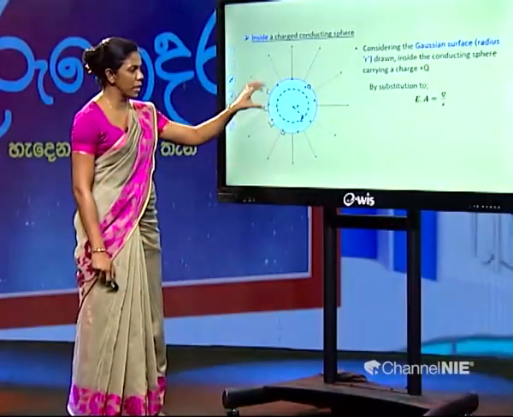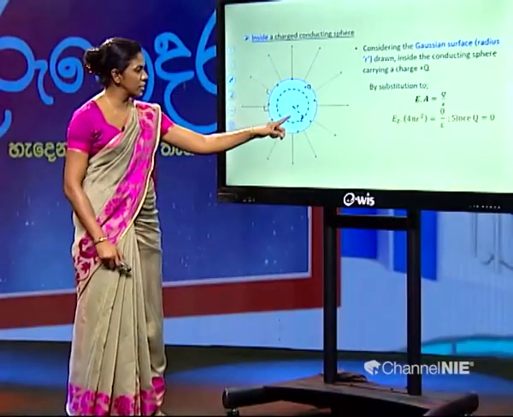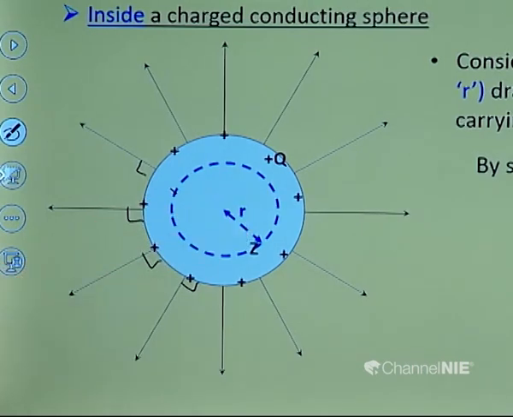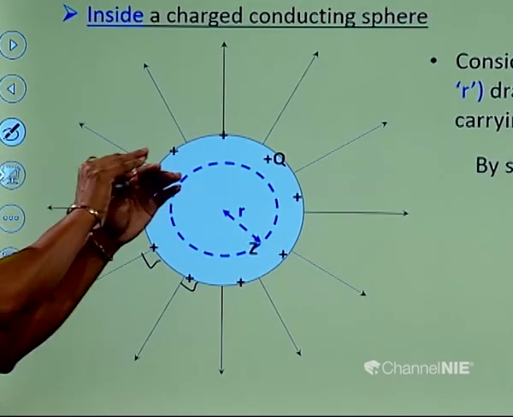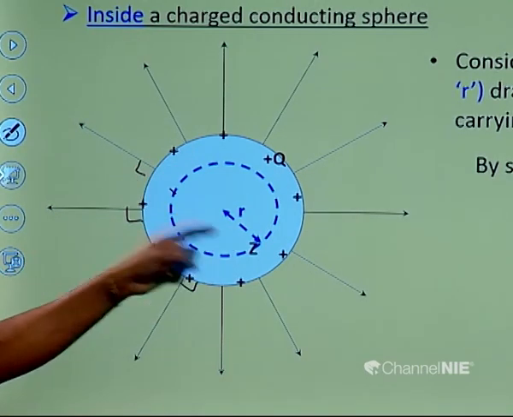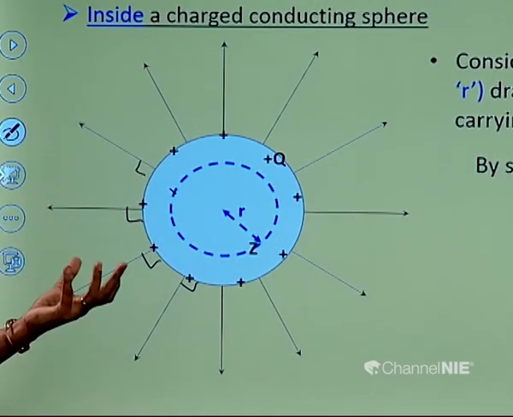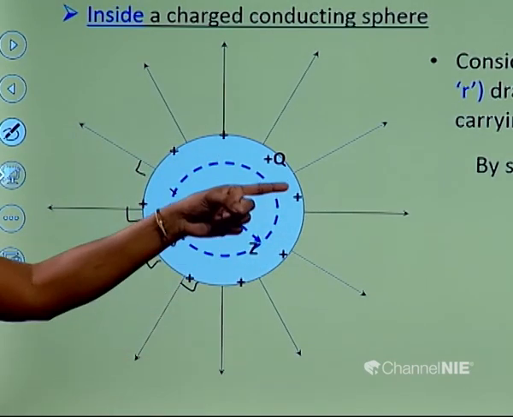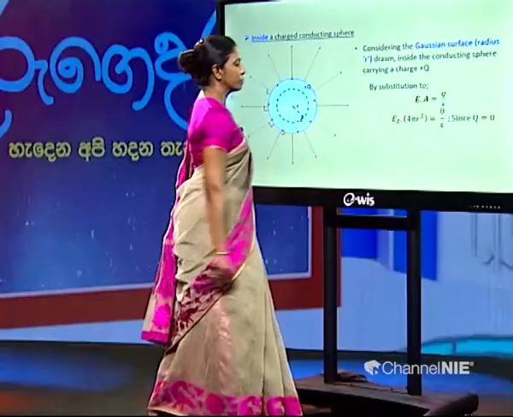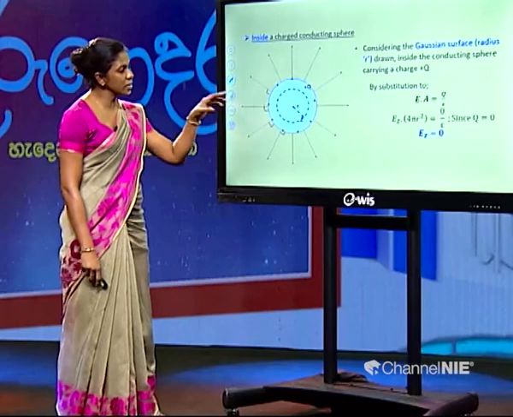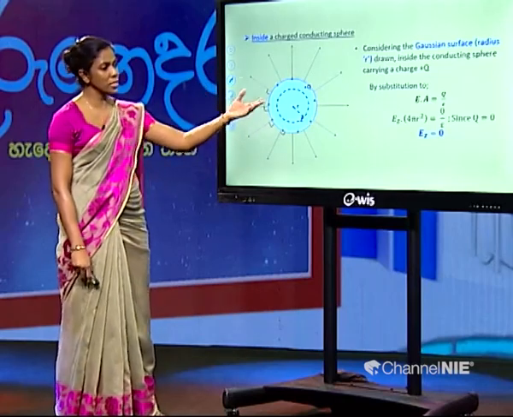So, the field intensity at the point is the same all over, and the surface area would be 4 pi r squared, but the Gaussian surface does not enclose any charge, all the charges are outside it. So, the charge enclosed by the Gaussian surface will be 0. In that case, we see that field intensity inside a charged conducting sphere is 0.